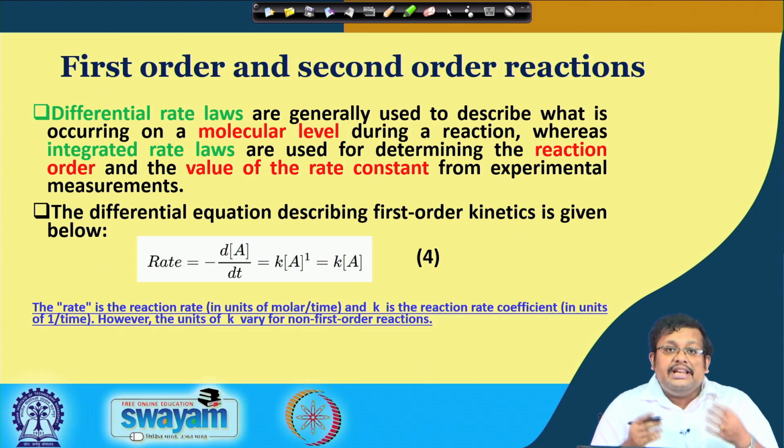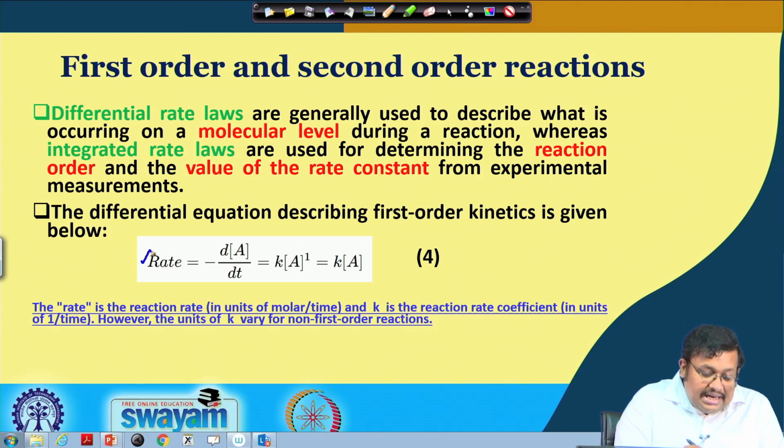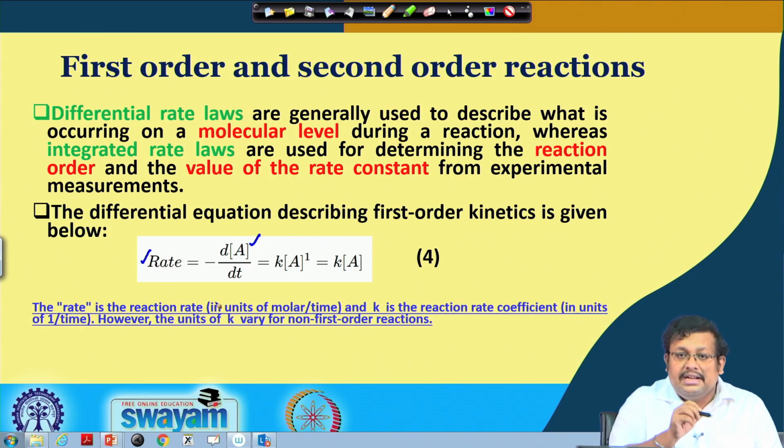So, the differential equation describing first order kinetics can be given as such. Here, rate is equal to minus dA by dt. The negative sign is given because the concentration is decreasing. This can be expressed as k multiplied by the concentration of A, or k[A].